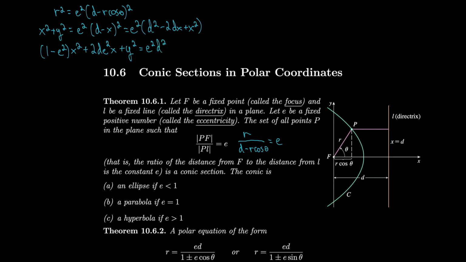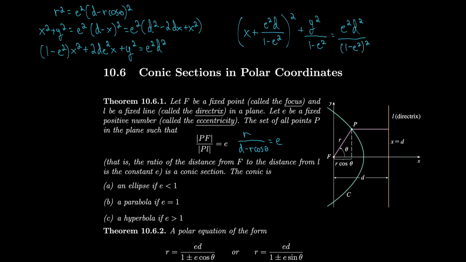So if we divide through by 1 minus e squared, then we can complete the square and we'll end up with x plus e squared d over 1 minus e squared, squared, plus y squared over 1 minus e squared equals e squared d squared over 1 minus e squared, squared.